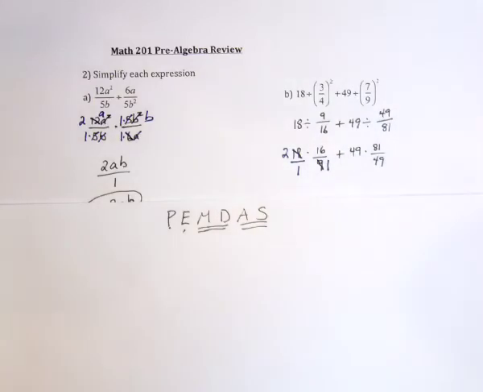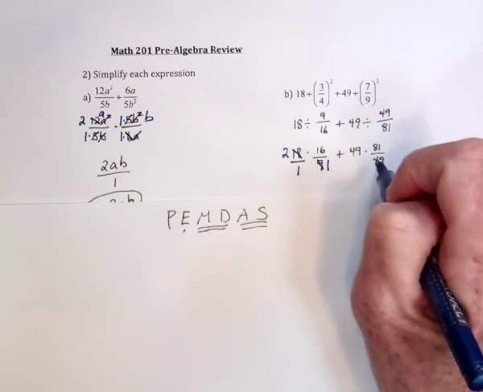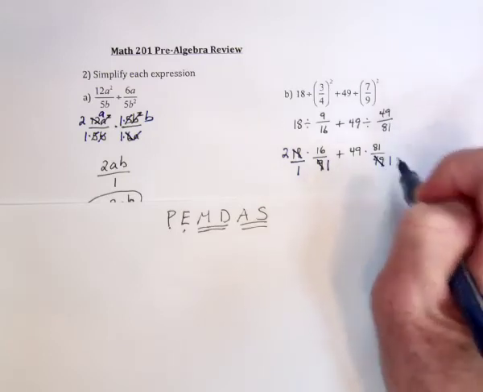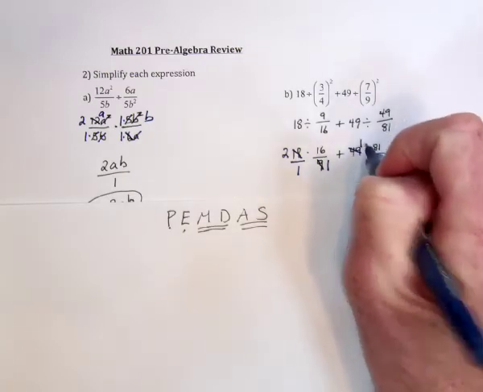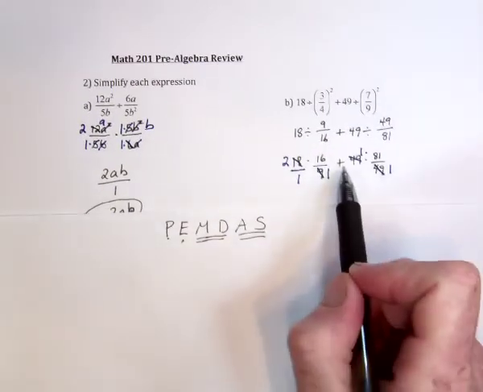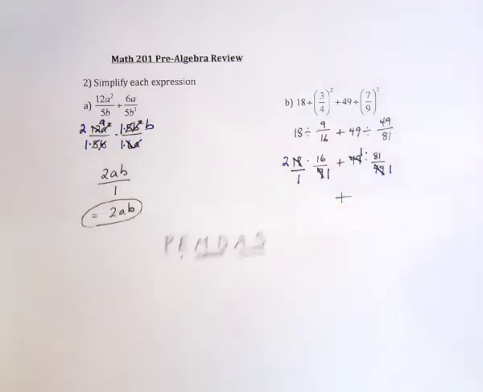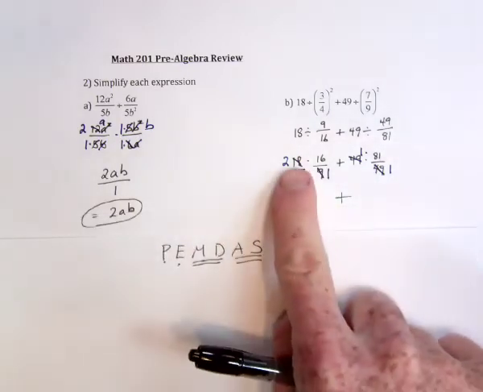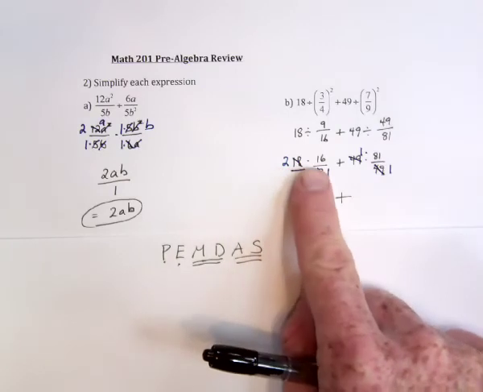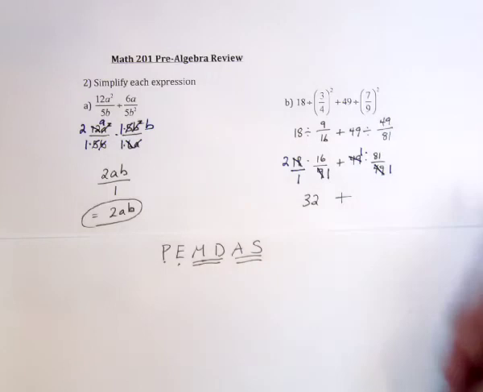The same thing over here, but it's going to cancel very nicely. Divide by 49 leaves a 1. Divide by 49 leaves a 1. So we still have the addition that's going to be done last. Then over here, I've got a 2 that's left over times a 16, and that's going to be 32.